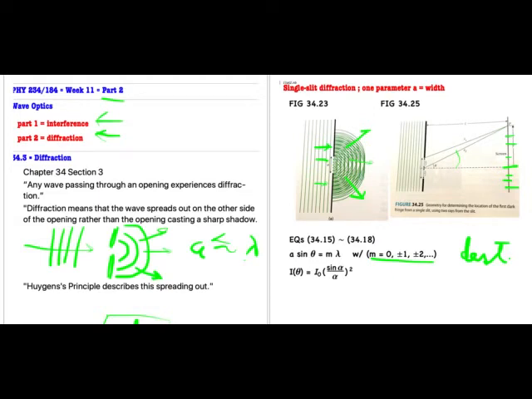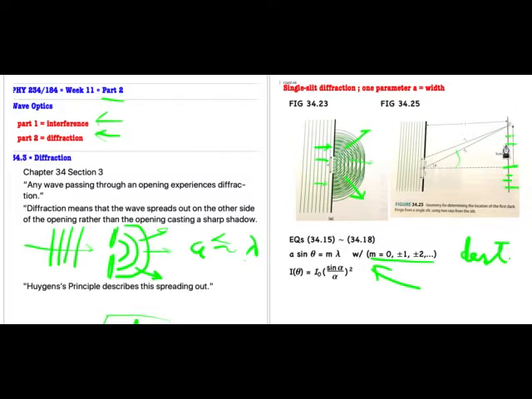Now, to get the full intensity pattern, you have to carry the calculation a little further. That's given in the book. And this is the intensity as a function of angle for an arbitrary angle. These are just the special angles where you have destructive interference.